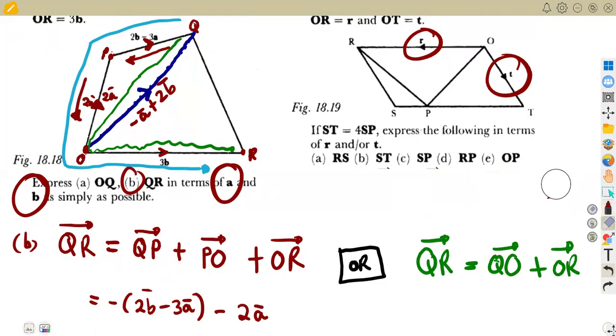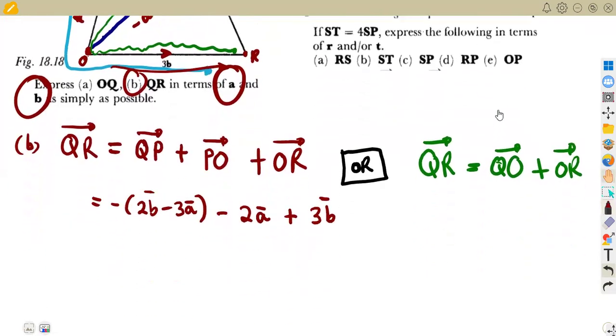But like I said, this is a vector, so you must indicate this to show that you're dealing with a vector. Then from O to R, are we opposing? No, we are maintaining. We are moving in the same way the arrow is indicating. So this is going to be a plus. It remains as it is, plus 3b. So that is what we have there.